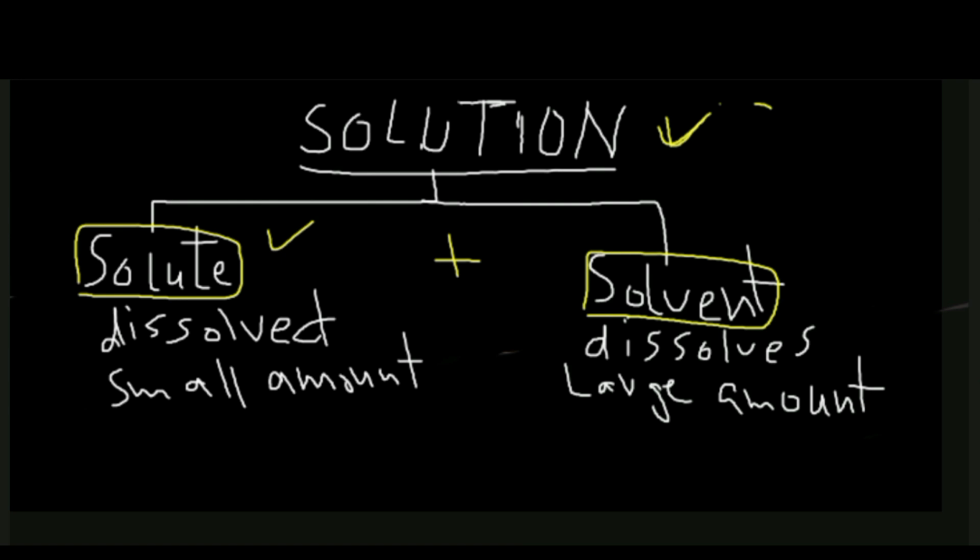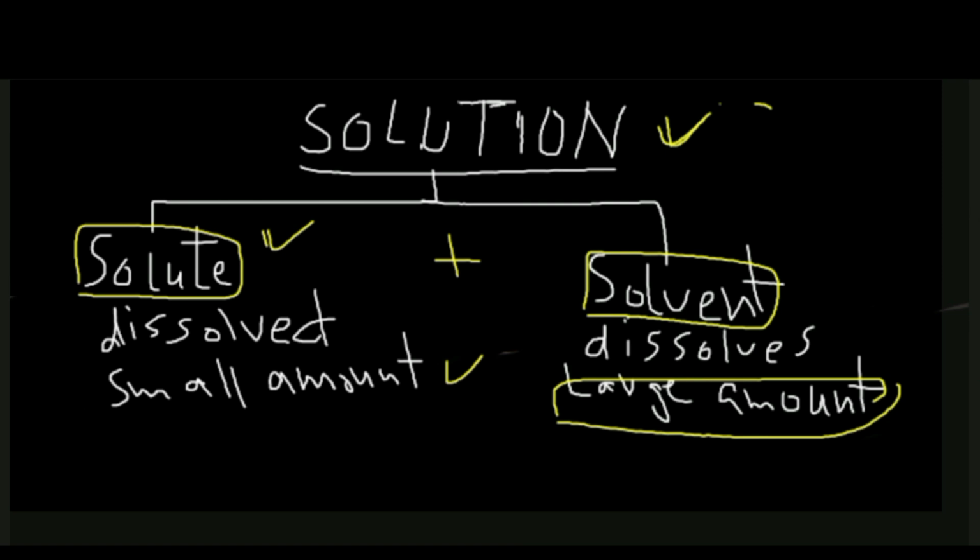The solute is that component of the solution which is present in a small amount, while the solvent is that component of the solution which is present in a large amount.